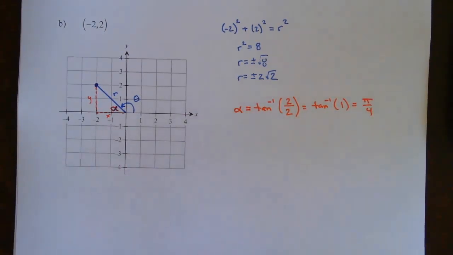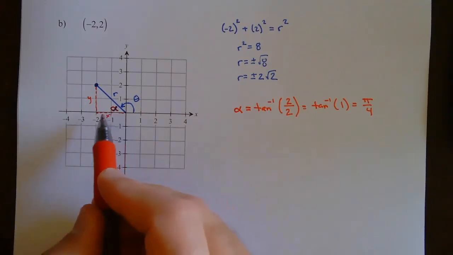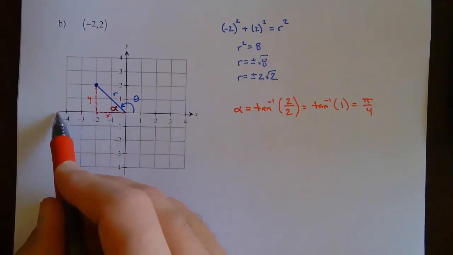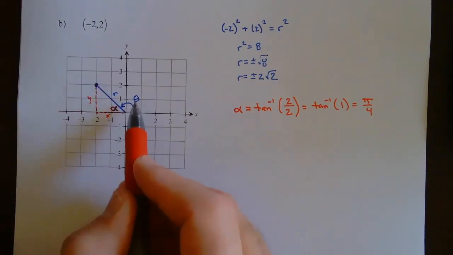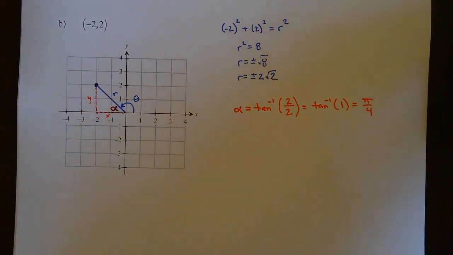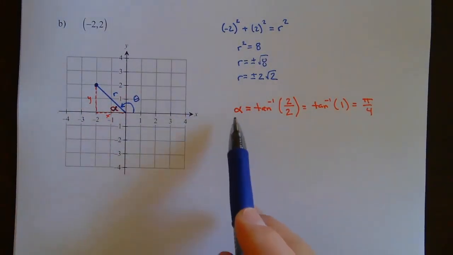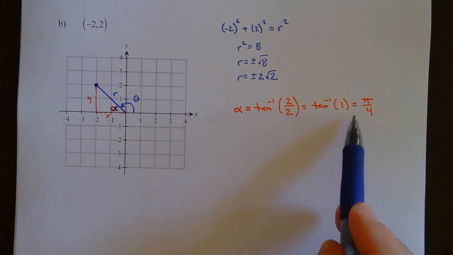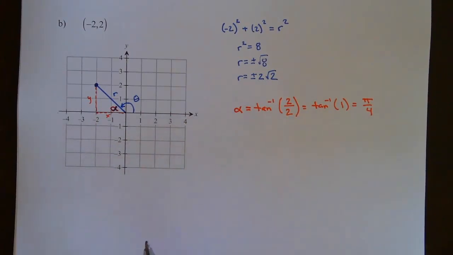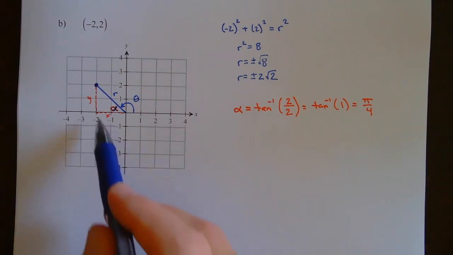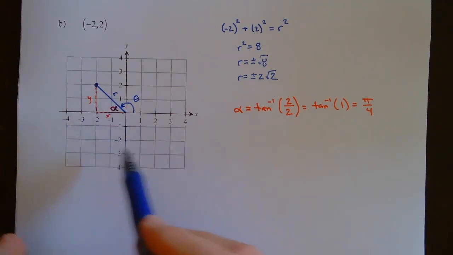So that's in radians. We could also do 45 degrees if we were doing degrees. Now, that's not theta. So what's theta? Well, I have to back off from 180 degrees, or pi, and I have to back off my alpha to get my theta. So when you do this, if you're not in the first quadrant, you're going to get your alpha by doing tan inverse, and then to get your angle theta, you're going to manipulate it by adding or subtracting pi or 2 pi.